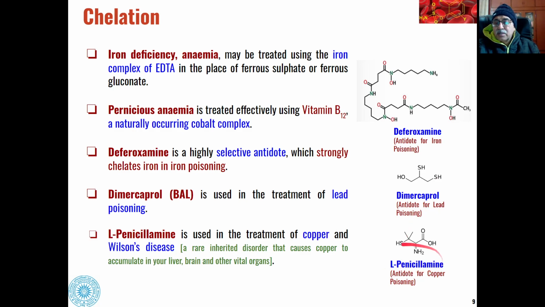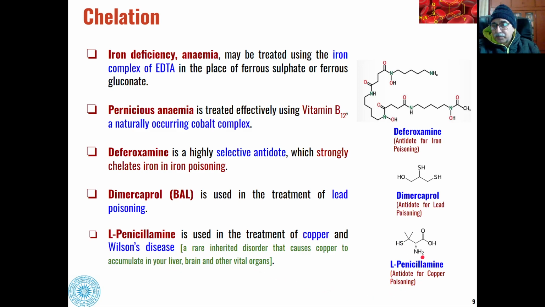Similarly, L-penicillamine can be used in the treatment of copper toxicity and Wilson's disease. Wilson's disease is basically a condition of copper accumulating in our liver, brain, and other vital organs of the body.